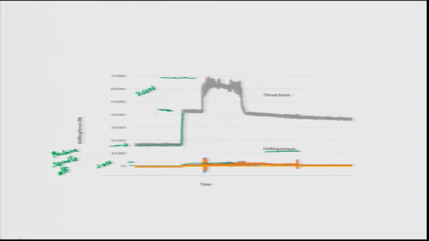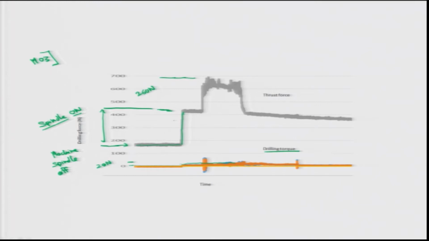If you remember, the M code for switching on the machine spindle was M03. In our CNC program we put this code and the machine spindle turns on. We can see this much rise of energy with the spindle on. Now this much load is there.